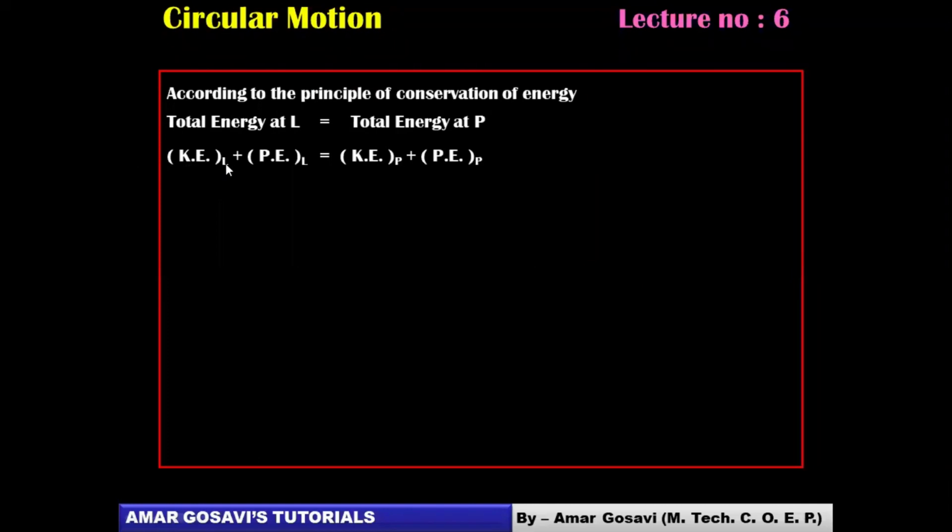Kinetic energy at the lowest point plus potential energy at the lowest point will be equal to kinetic energy at point P, which is the general point, plus potential energy at point P. Let's put the values over here. For kinetic energy at the lowest point, I can place it as half m v square L, plus potential energy at the lowest point is 0, equated to half m v square P, where P stands for any general point, plus mgh.